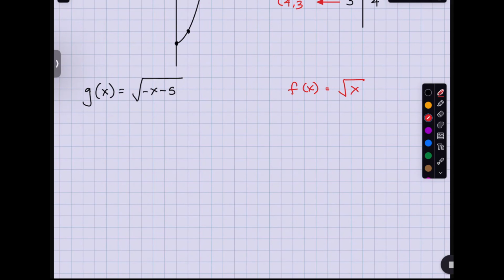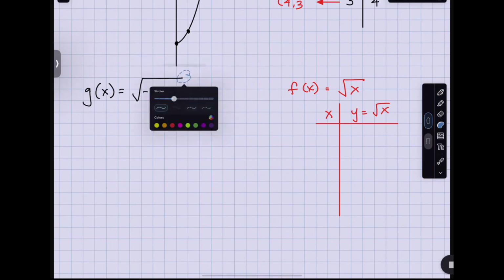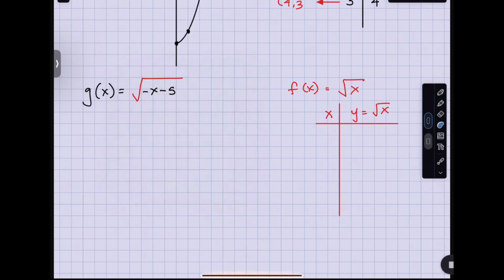Well, first I need points. Do we understand the parent function, first of all? That's the square root of x. Hold on. It's because of this that we know this is the parent function.